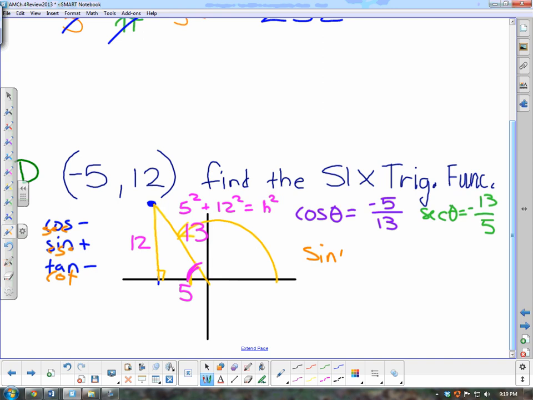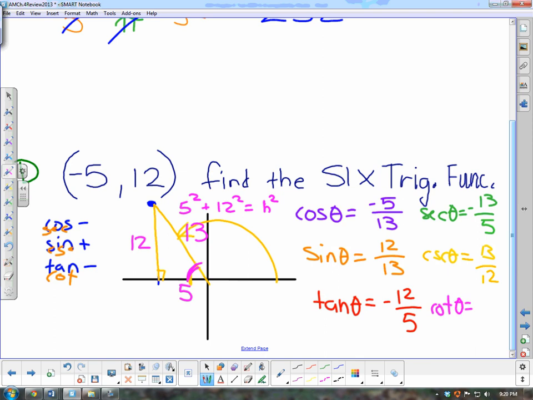Sine of theta is going to be a positive 12 over 13, and then that makes cosecant 13 over 12. And finally, tangent of theta is going to be a negative 12 fifths, and cotangent of theta is a negative 5 twelfths.